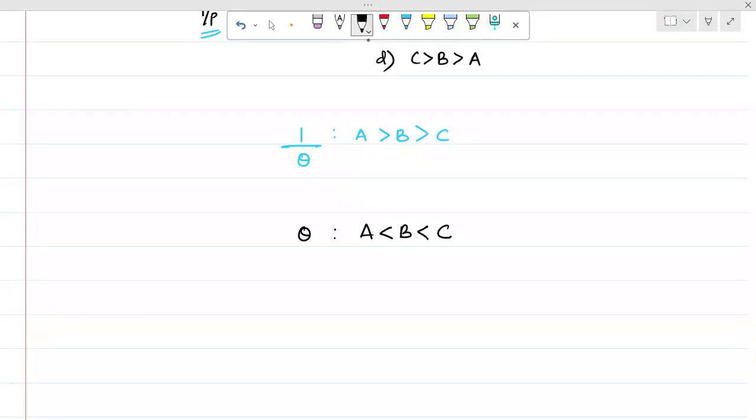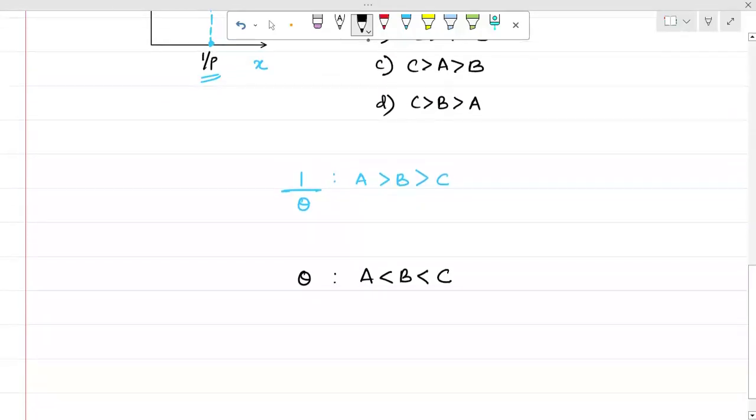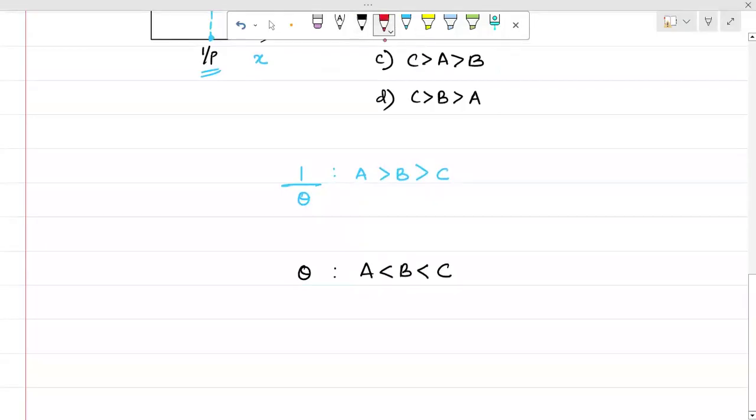Or in other words, if you want to compare, you can put arbitrary values over here. Let's say that the value of A is 1 by 2, this is 1 by 3, and this is 1 by 4. Okay, so this is 0.5, this is 0.33, and this is 0.25, you know. So I have taken just random values. Now we have to take the reciprocal, correct?